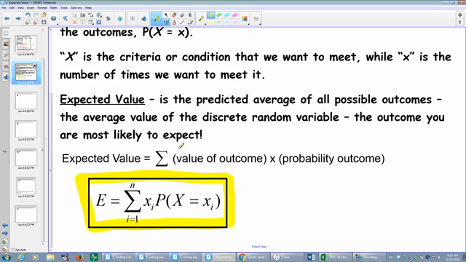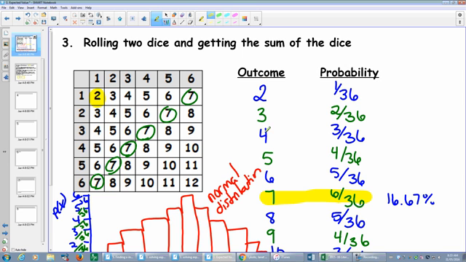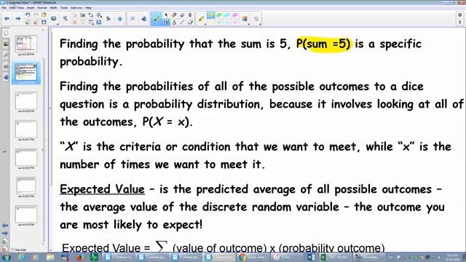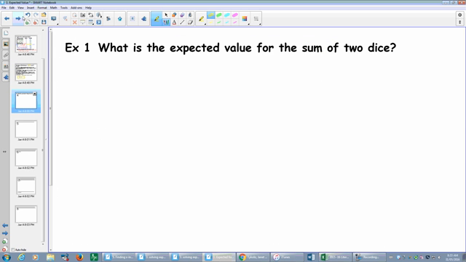So the value of the outcome, for example, here would be 2, 3, 4, 5, 6, 7, 8, 9, 10. The probability of that outcome is here. And all we're doing is multiplying the two and then adding them together. So I have here, what is the expected value for the sum of 2 die?